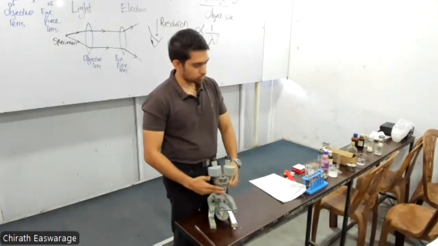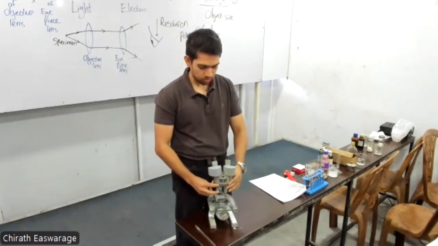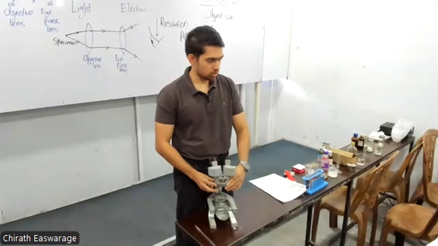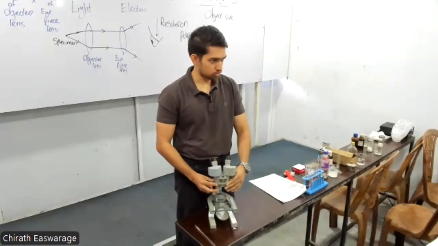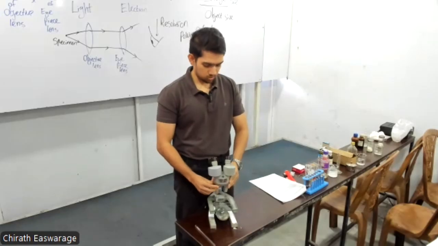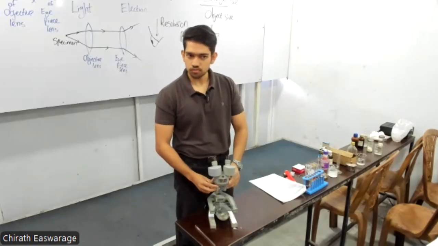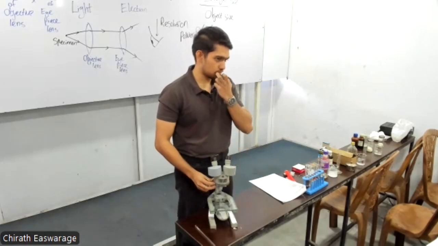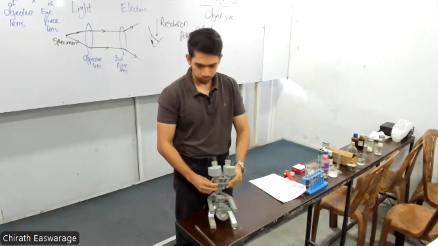So this is the objective lens. This rotating part that I'm rotating is called the nose piece, right? Because we can rotate it, it's called the rotatable nose piece. What is the function of the nose piece? You can change between different objective lenses based on what magnification you require.